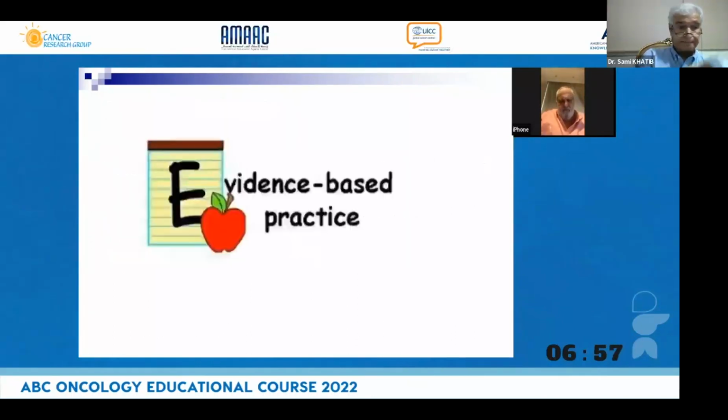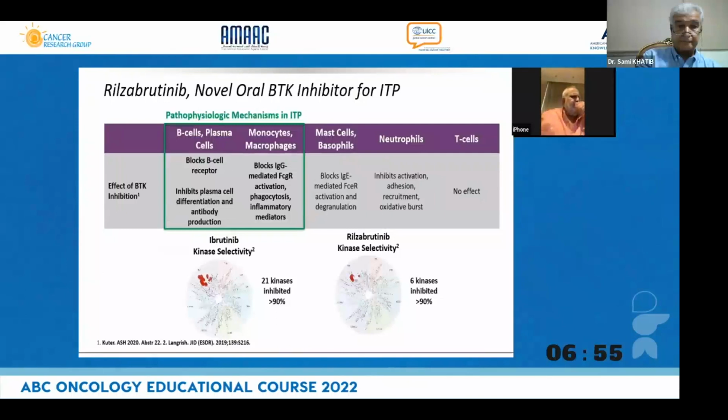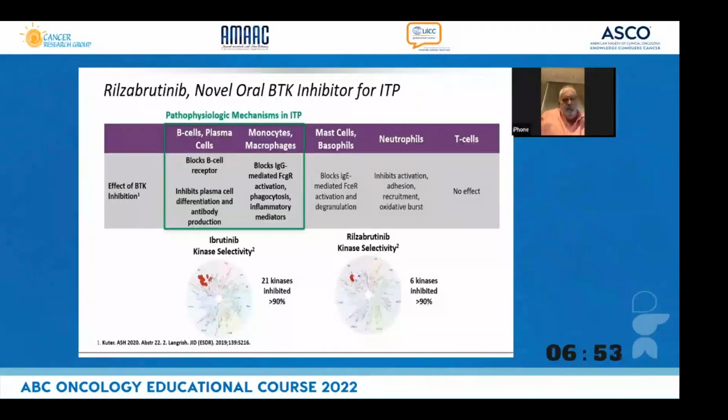Next slide. What evidence do we have? Yes. Okay. This slide is the novel oral BTK inhibitor for ITP, rilzabrutinib.